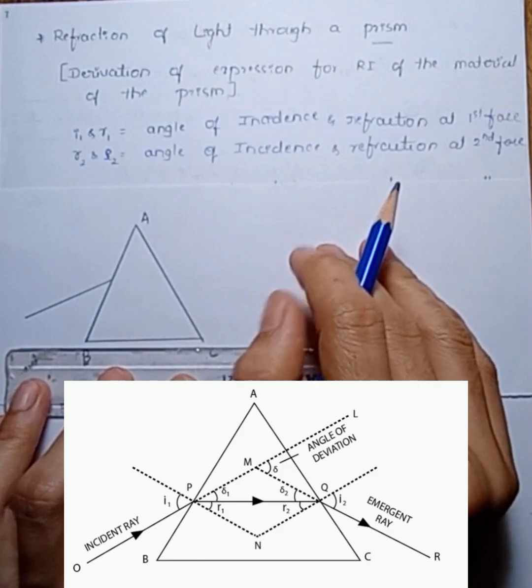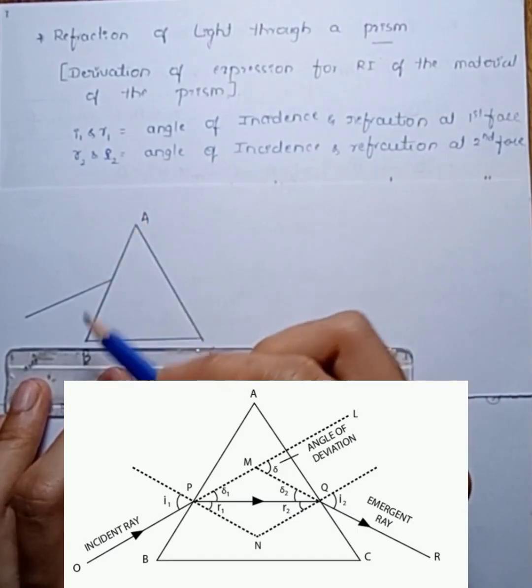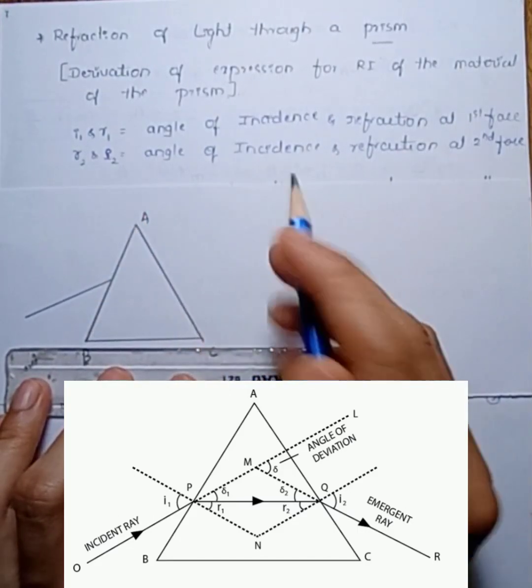Let us consider a prism ABC, a triangular shaped prism ABC.